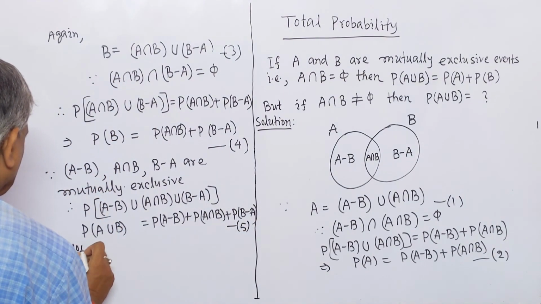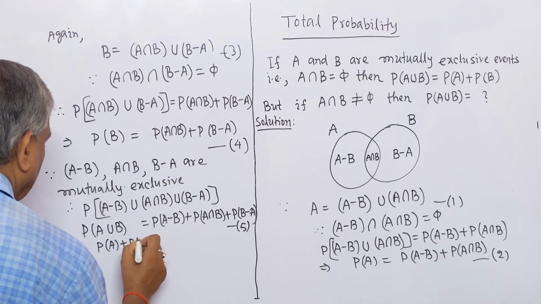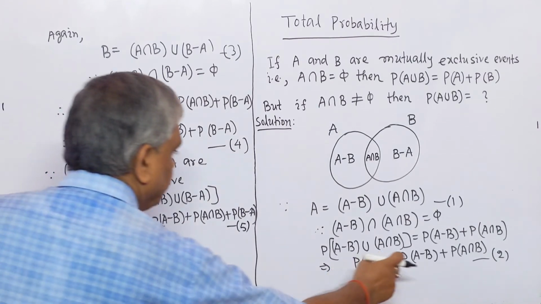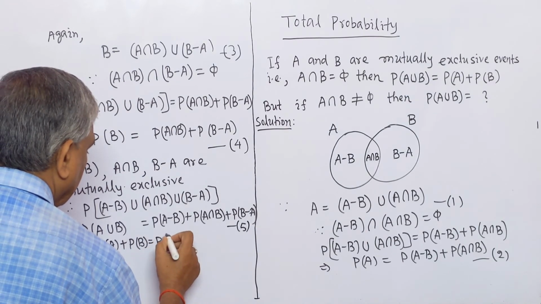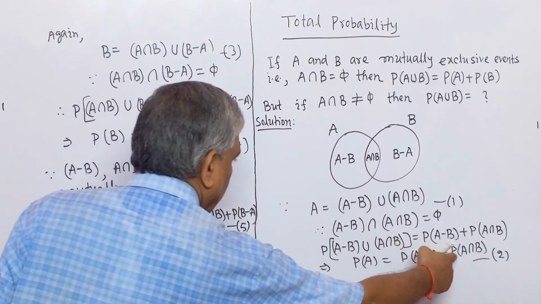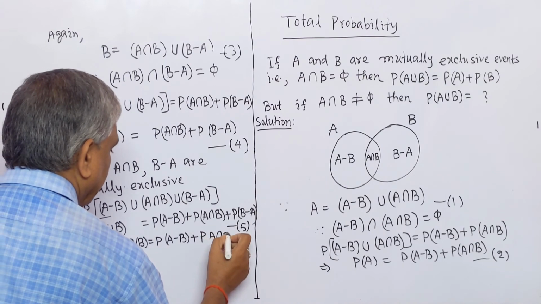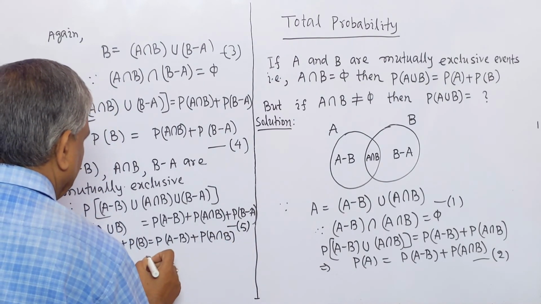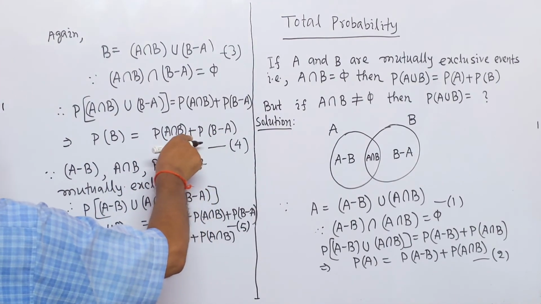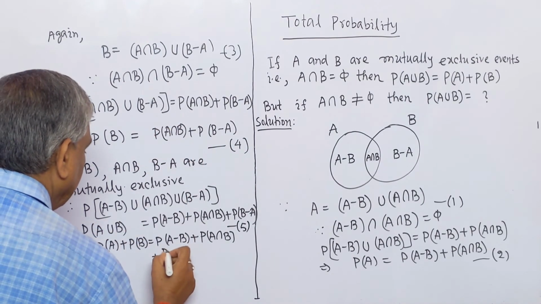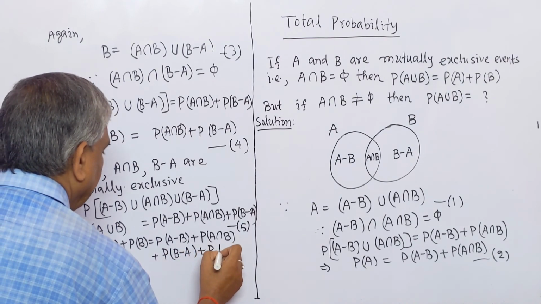Now, P(A) plus P(B). P(A) is P(A minus B) plus P(A intersect B), plus P(B) is P(B minus A) plus P(A intersect B).